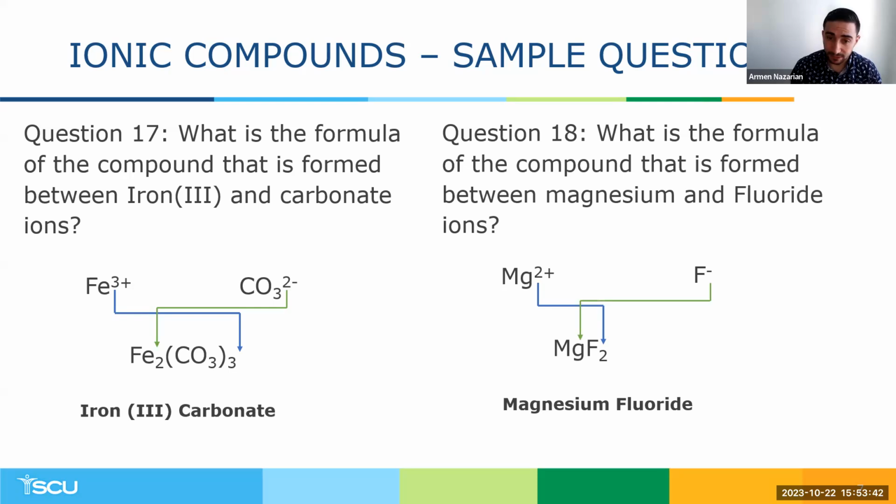How do we name these? Very important. If you are dealing with fully atomic ions, which is the case with magnesium fluoride, magnesium ion's name remains unchanged. Magnesium in its metallic form or magnesium ion are both known as magnesium. But it's the name of the anion, the negatively charged ion, that is going to be changed.